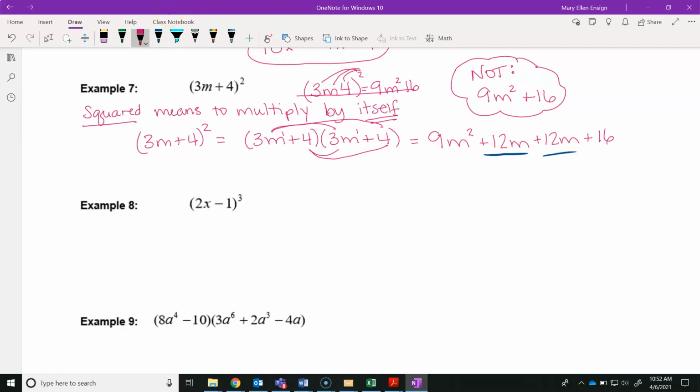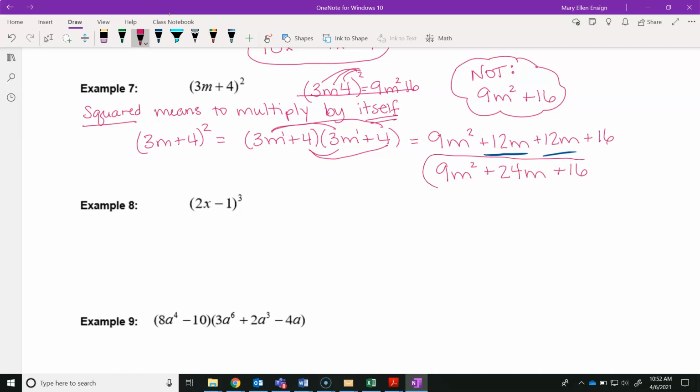Whether or not you have like terms that need to be combined in that last step is really just dependent on what terms are in your original expressions, okay? Whether you'll end up with the same variables in your answer or not, same powers on the variables. So I have now 9m squared plus 24m, okay? Now, let me just finish this, plus 16.